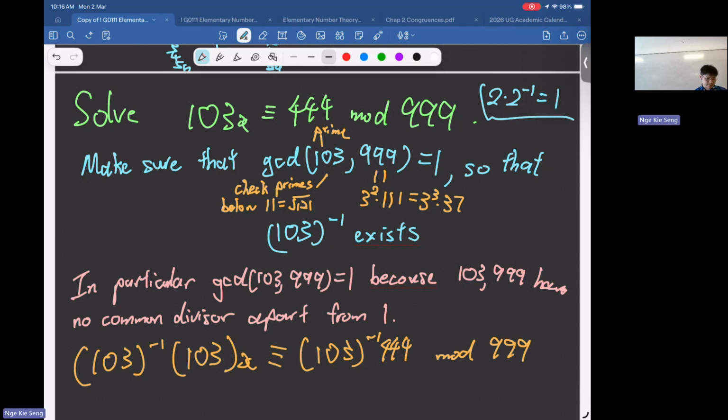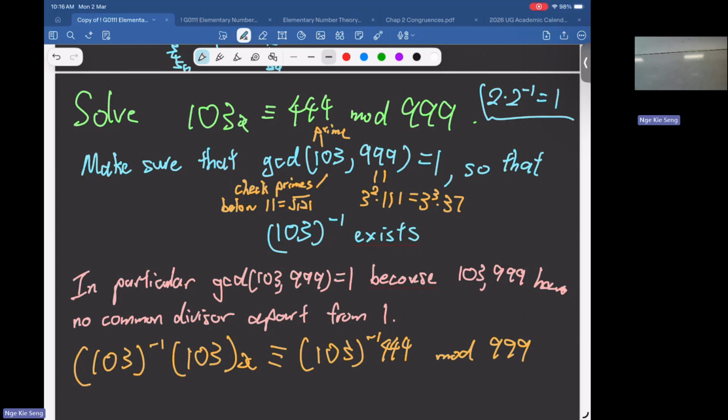And so in this case there's an inverse. The question here is how to find this inverse. Here it is mod 999, right? Last time in class we mentioned a few methods. One of them is by inspection, or you try numbers, but in this case there are 999 numbers to try. Crazy.